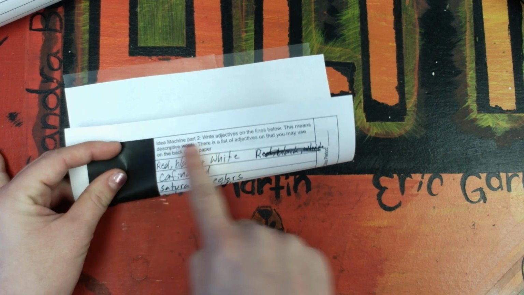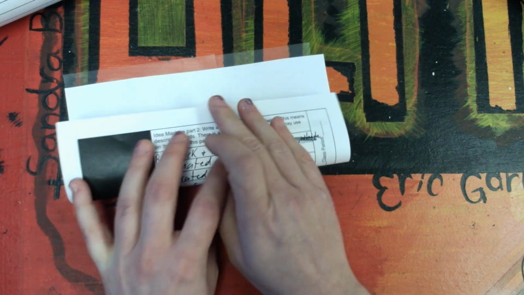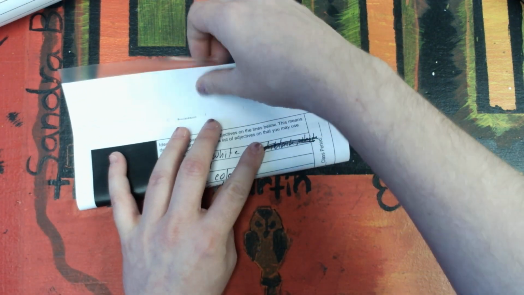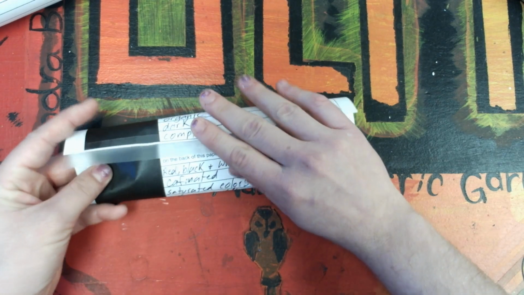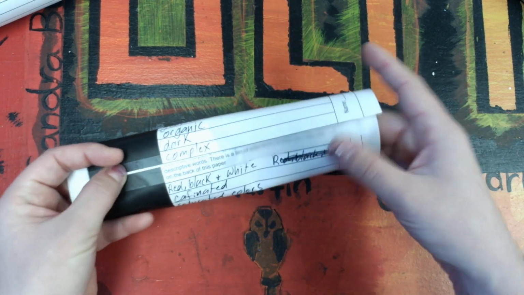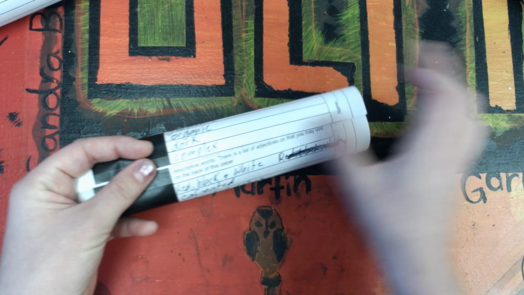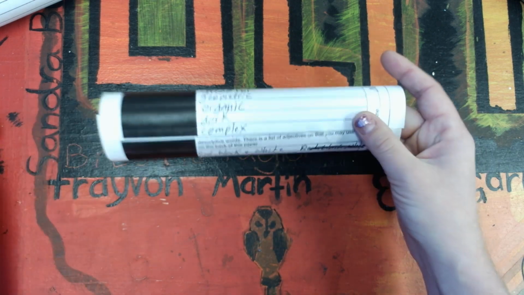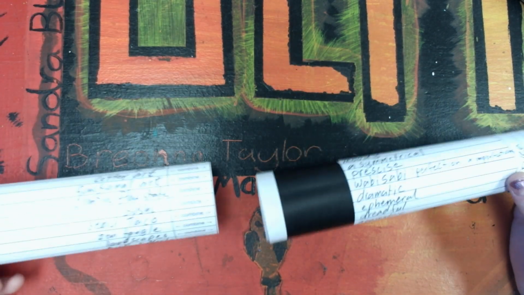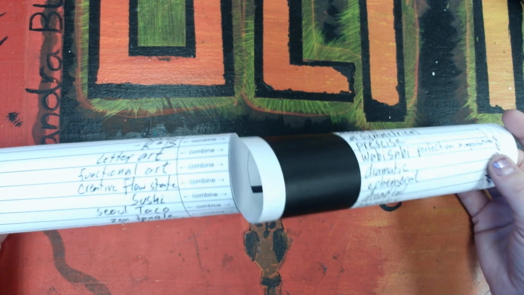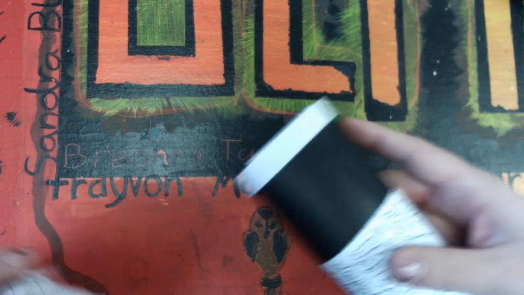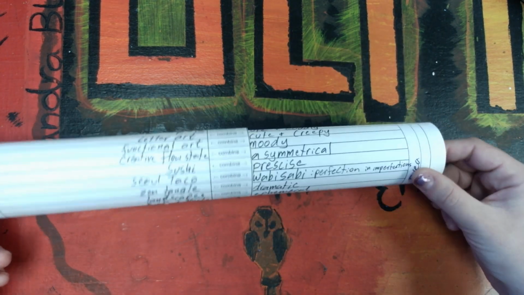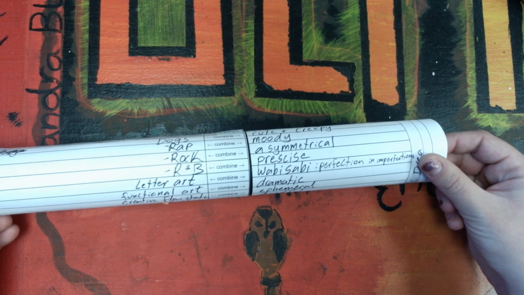I'm bringing the side with the directions up first, and then bringing back the tape end and sticking it down so that it's touching the directions or even covering the directions up. Now I got the two halves of my idea machine. I take the one that has this big black bar and stick it inside of the one that does not. And then I can start playing around with ideas.